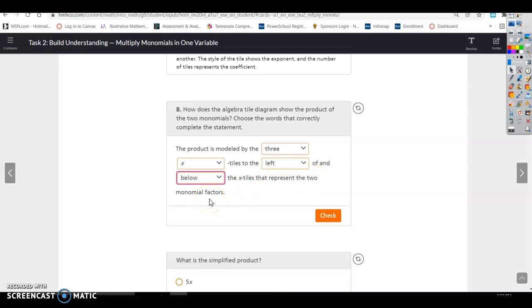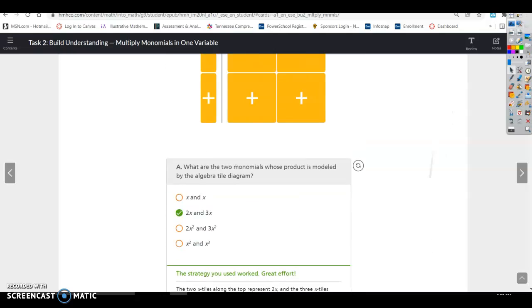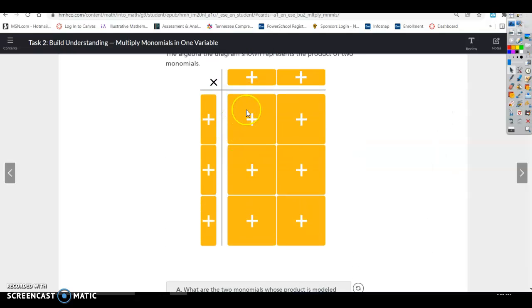Let's see. So the product is modeled by the 3x tiles to the left. Oh, wait a minute. The product is what's in the middle. All right, so the product is represented by this part here.